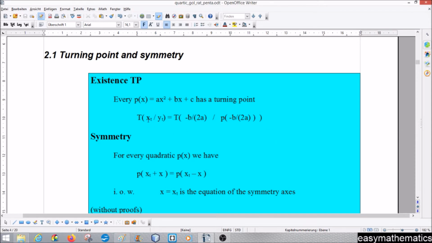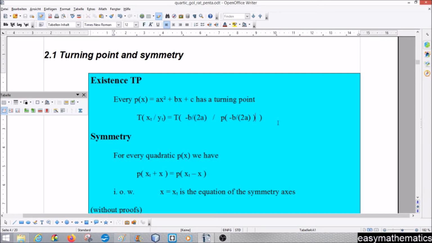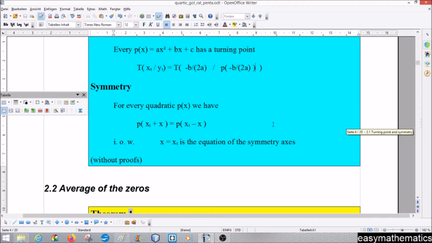The x coordinate is minus b over 2a, and the y coordinate you find if you take the x coordinate and evaluate it on p. Then the symmetry: every quadratic p is symmetric about the line x equals xt, where xt is of course the x coordinate of the turning point.